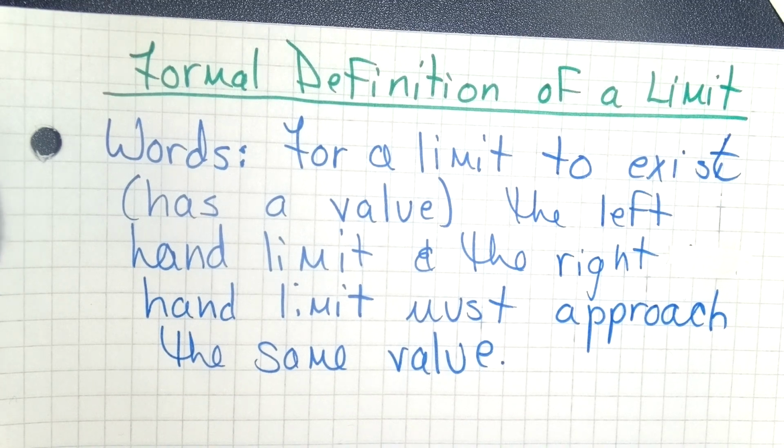Again, from the left needs to get to that same number, from the right needs to get to the same number in order for it to exist. If it doesn't get to that same number, what is it? D and E, does not exist. That's what that means in words. So we're bringing together what we did last week to this week. We're just extending it.